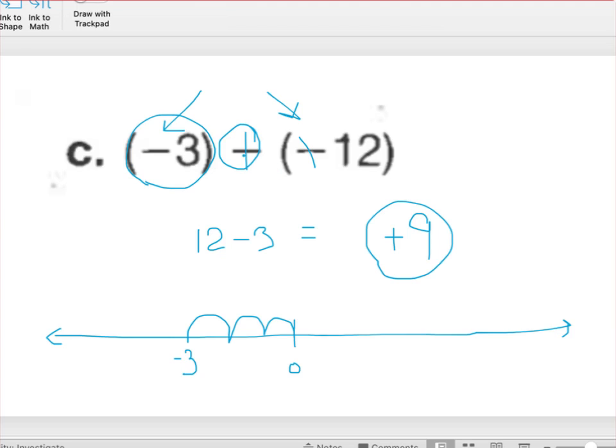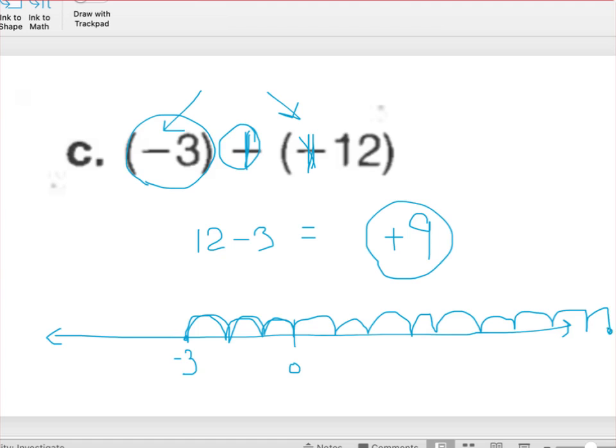And then instead of minus a -12, we're going to say addition of the opposite. So we're going to add a +12 from this point. So 1, 2, 3, 4, 5, 6, 7, 8, 9, 10, 11, 12.